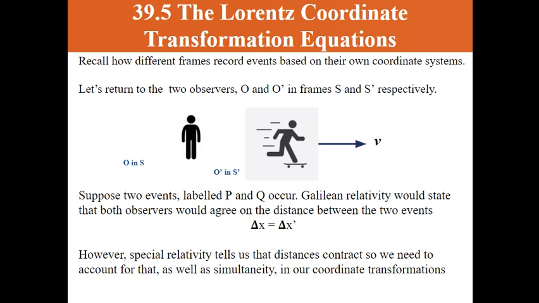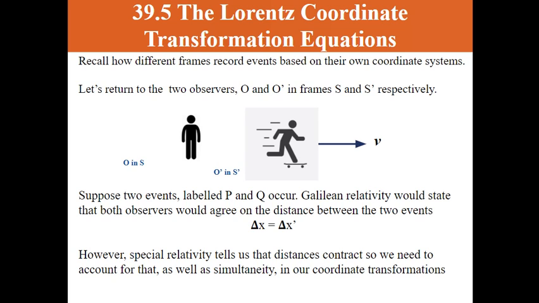But as we learned, once a frame moves at near relativistic speeds, the distance between two points in space, and this will apply to the distance between these two events, and whether or not they're simultaneous, can change as frames begin to move near the speed of light.